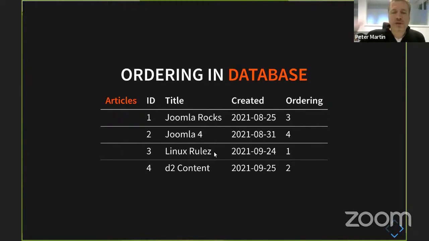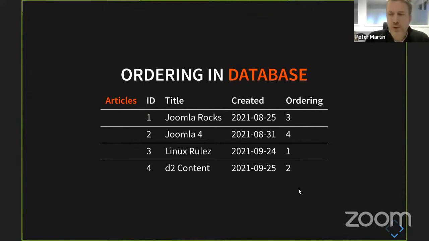So Linux Rules will be the first article, and D2 Content will be the second, etc., if you order the articles by ordering. In SQL, you can also say I would like to order by name, by title, or by created date. But ordering in articles is just with a number. This is a one-dimensional order.